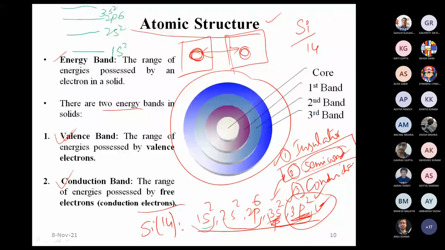So these kinds of energy levels will be there, and there is a law we know from our physics course, that no two electrons can have the same quantum numbers, and because of that there happens something called splitting of energy levels if we keep the atoms closer to each other.